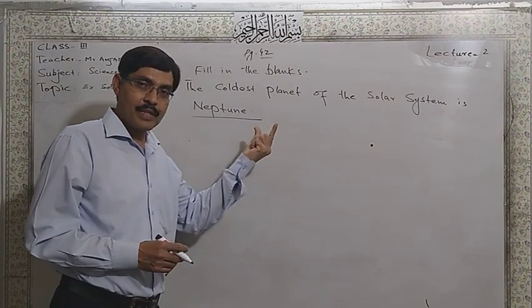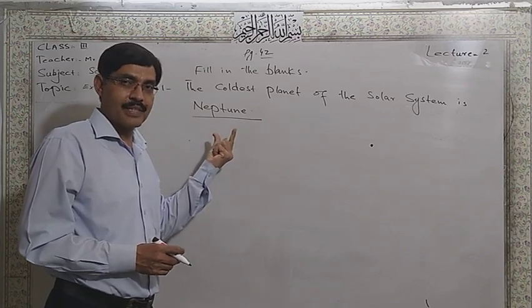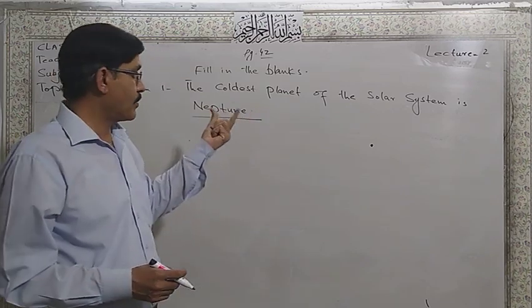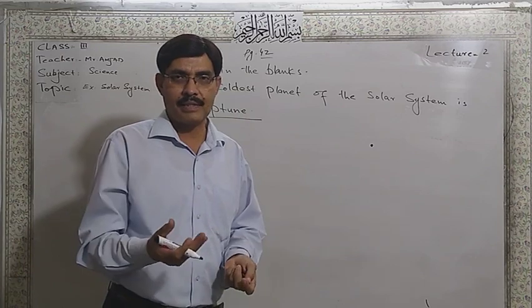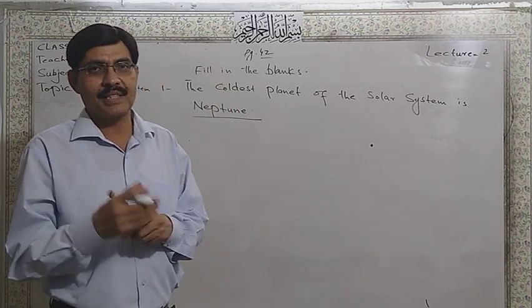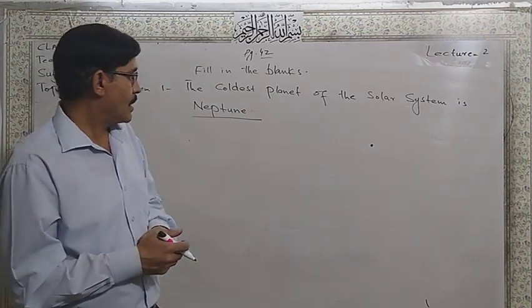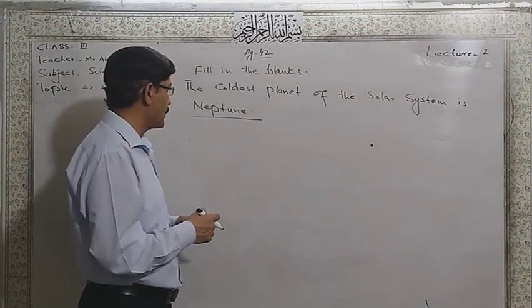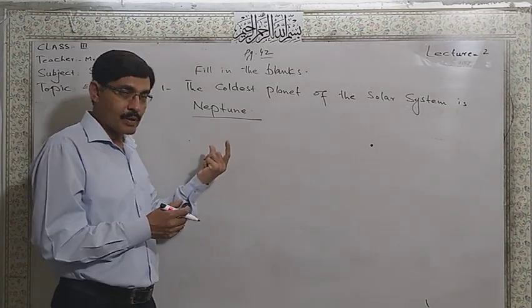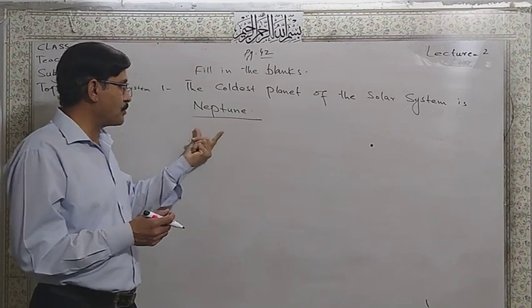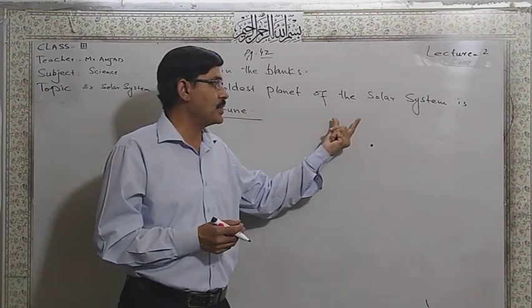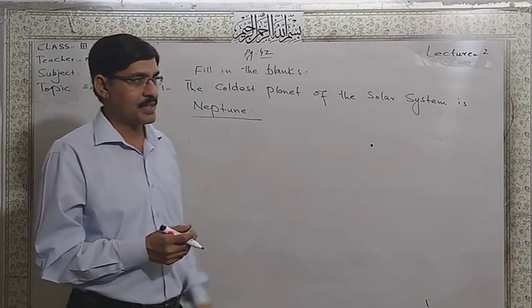Neptune is far away from the sun, that's why it seems to be the coldest one. After that one we have got the dark planet, that name is Pluto, but it is not considered to be in our solar system. That's why before Pluto we have got Neptune. This is the coldest planet we have in our solar system.